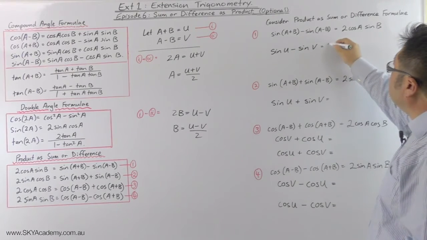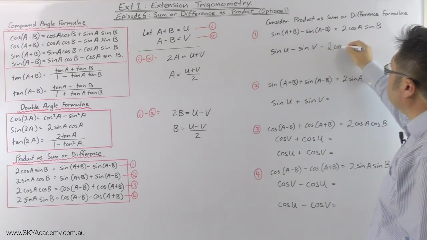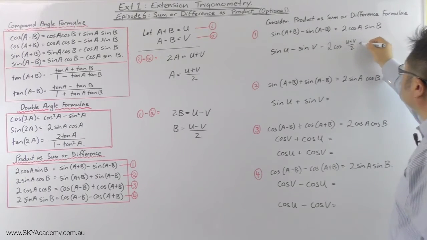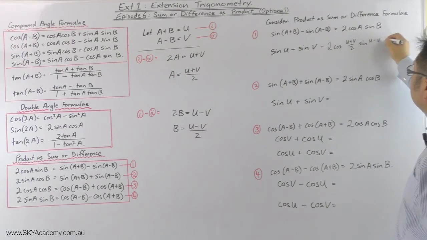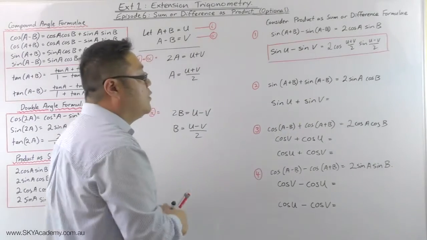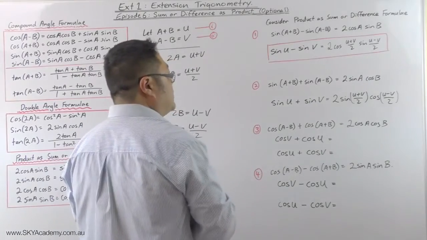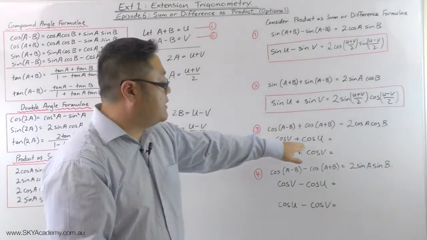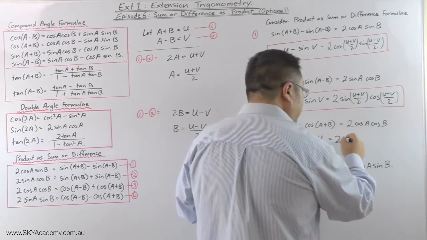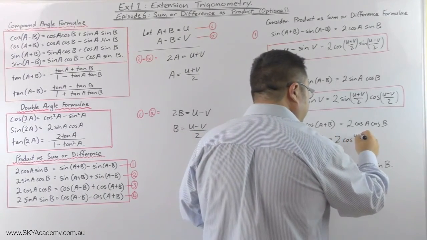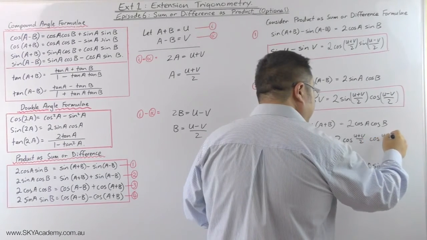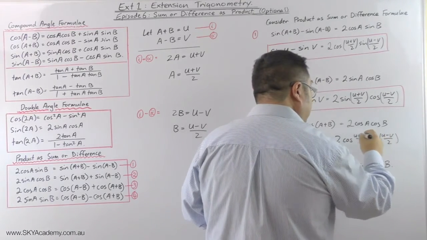What we end up with is 2 cos of u plus v on 2, sine of u minus v on 2. Got that? And on this side, we end up with this equation here. Now, when it comes to this equation here, what you'll end up with is 2 outside of cos of u plus v on 2, cos of u minus v on 2.